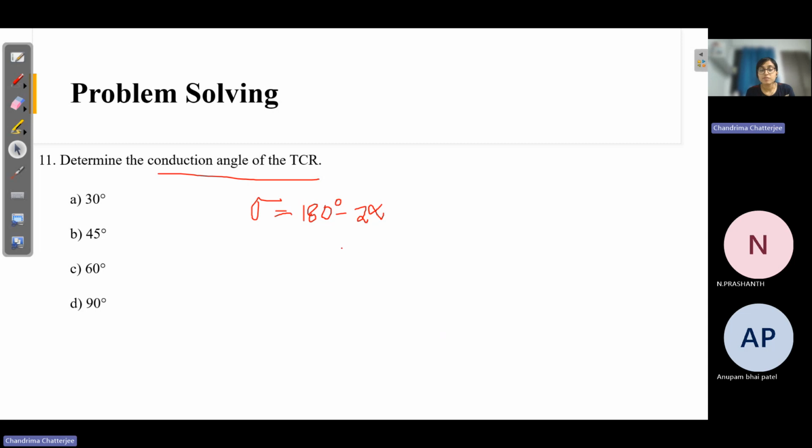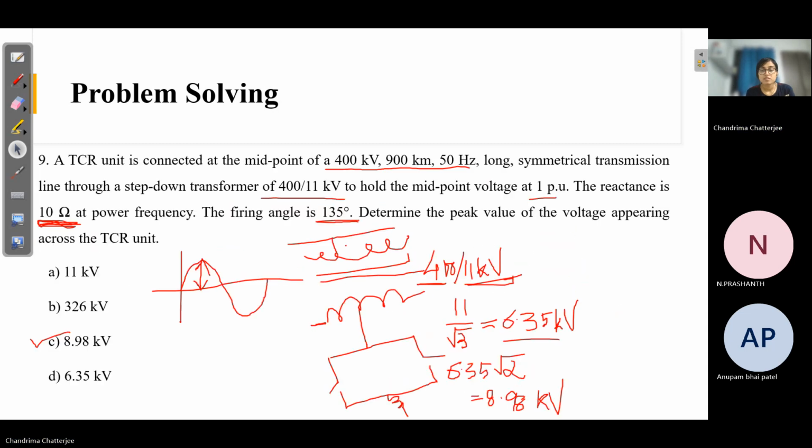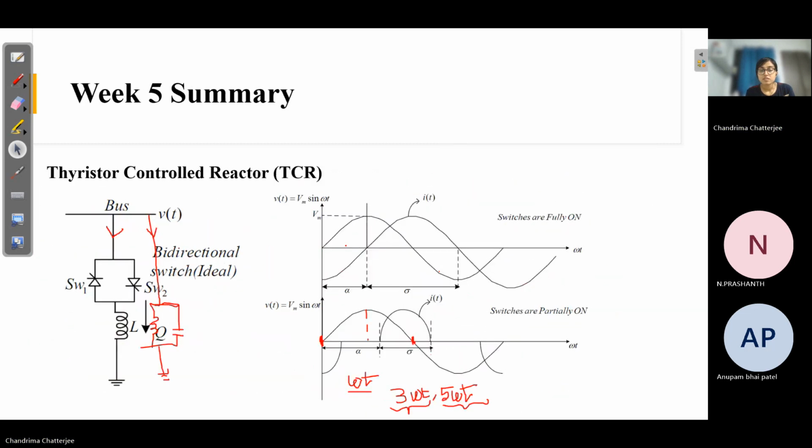How does this come? If you just see this diagram, we already saw that alpha varies from pi by 2 to pi, that is, from 90 degree to 180 degree. This is the range of alpha.